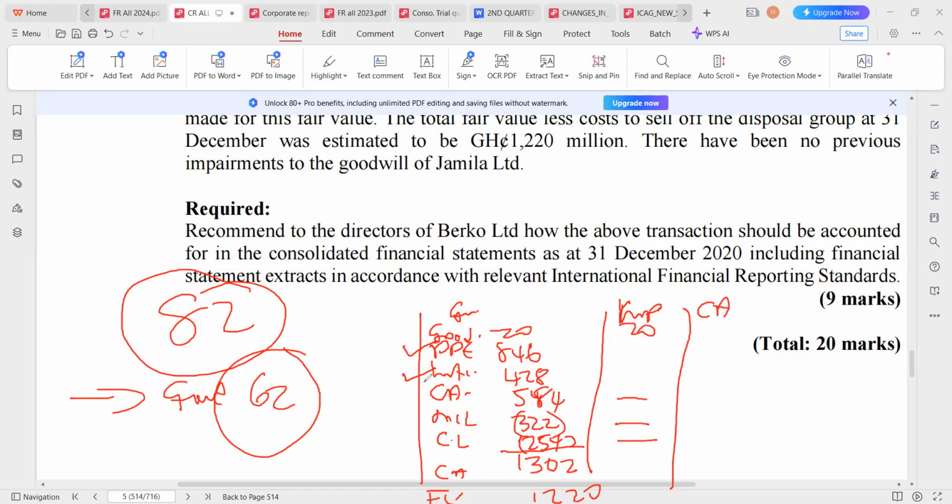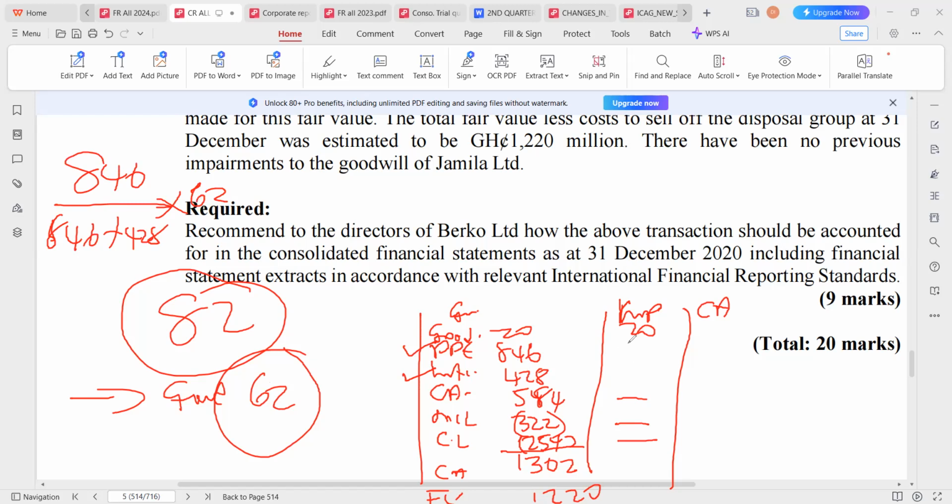Please share it on pro rata, meaning you sum these 2 assets up, then you say 846 over the total of the assets left, which is 846 plus 428, times 62. This is what you get.